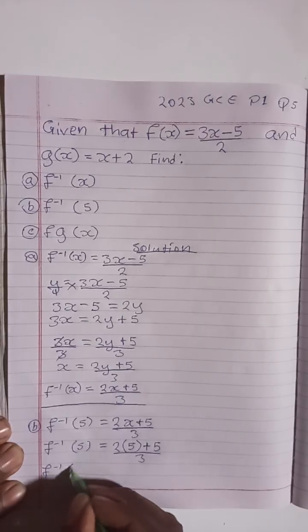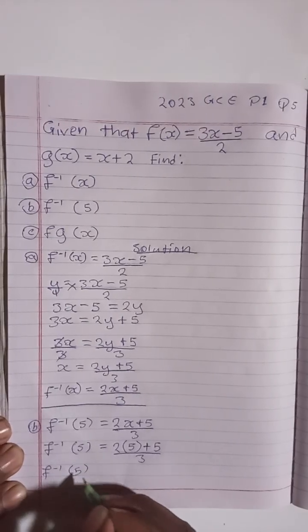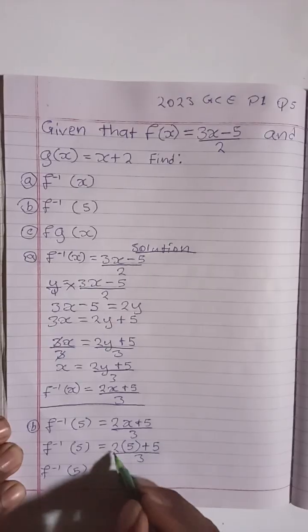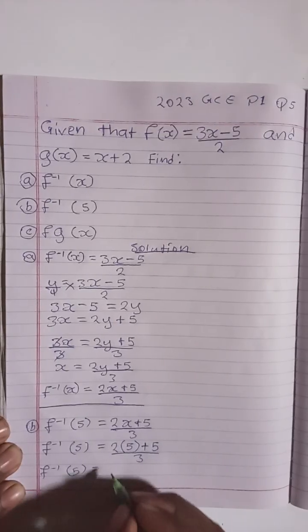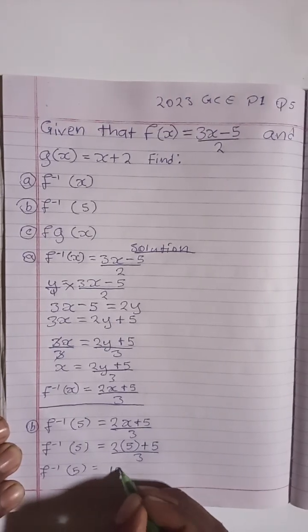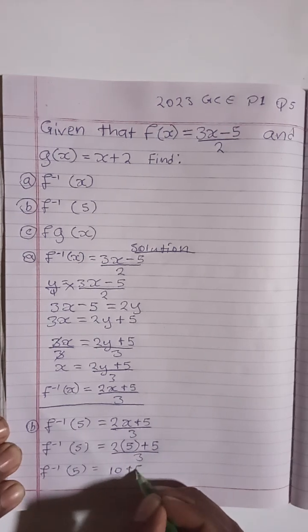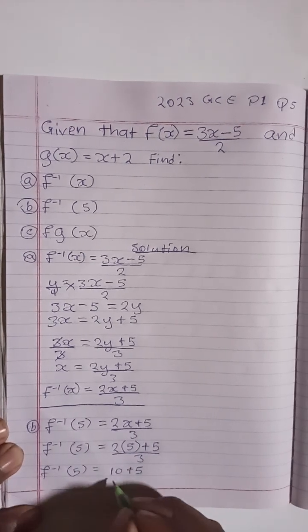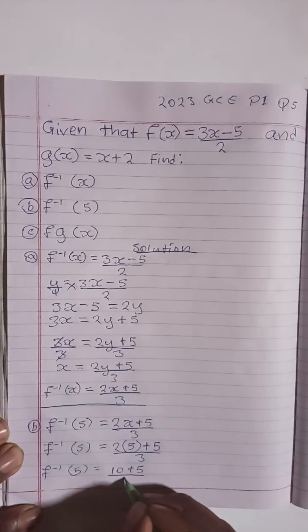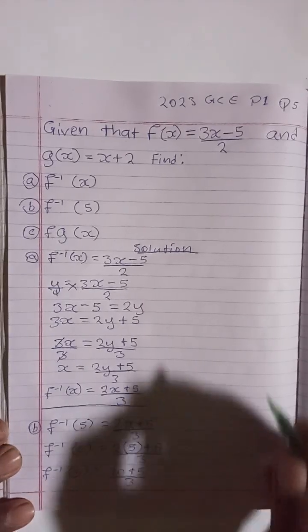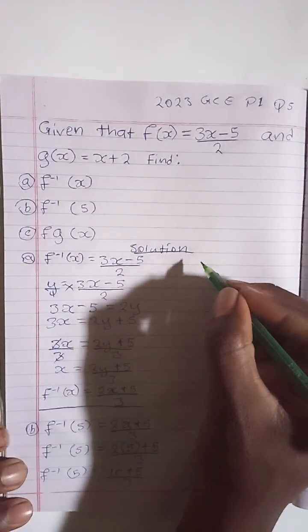So the inverse function of 5 is equal to 2 times 5, it is 10. 10 plus a 5 over a 3. Then we'll continue from here.